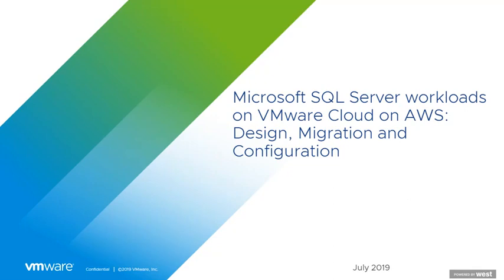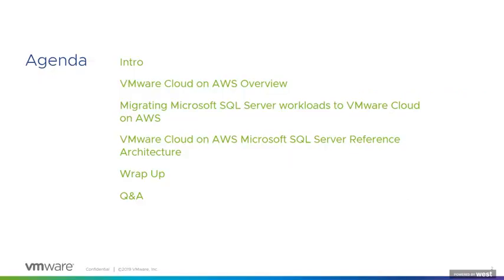Good morning, everyone. This is Andrew Nielsen with VMware, and I'd like to welcome you to the Microsoft SQL Server Workloads on VMware Cloud on AWS webinar today, where we'll be covering design, migration, and configuration. A brief look into the agenda here before we get going. We're going to do some brief intros of our speakers today, which will be Oleg Ulyanov and Bill Jacobi.